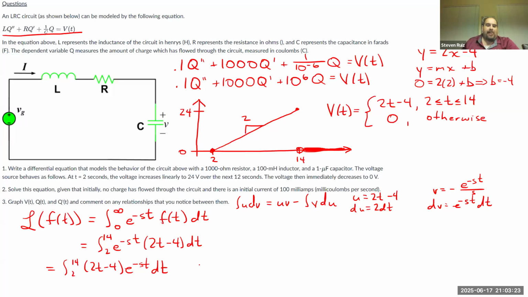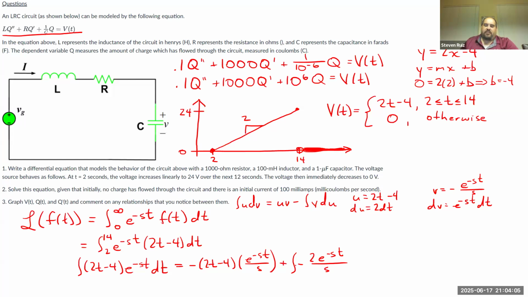Okay, so for now, I'm going to worry just about the antiderivative, and then I'll deal with the limits later. So uv becomes negative 2t minus 4 times e to the negative st over s, minus the integral of v du, so minus the integral of negative 2 e to the negative st over s dt.